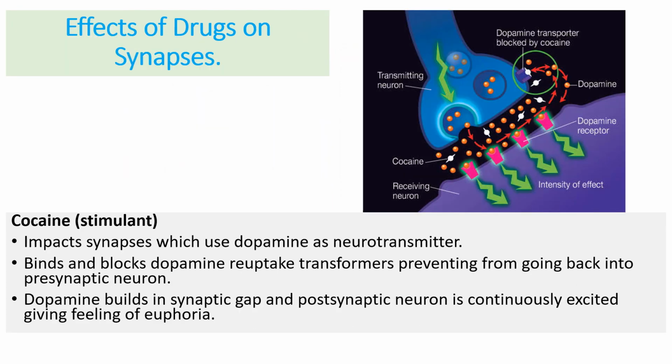Cocaine, which is a stimulant drug, impacts synapses which use dopamine as a neurotransmitter, and basically it binds and blocks the dopamine reuptake transporters, so it stops dopamine going back into the presynaptic neuron, and therefore dopamine builds up in the gap and it continues to give an exciting feeling.